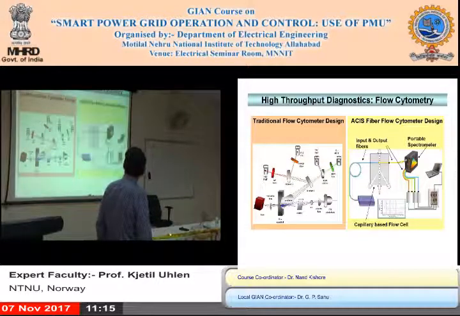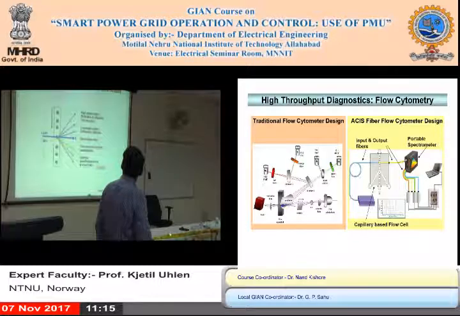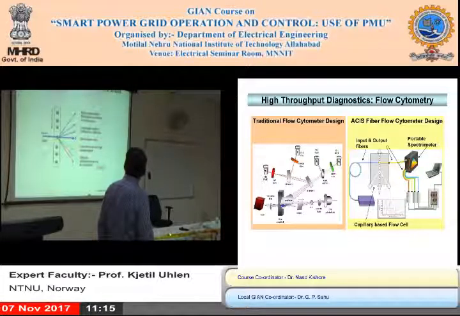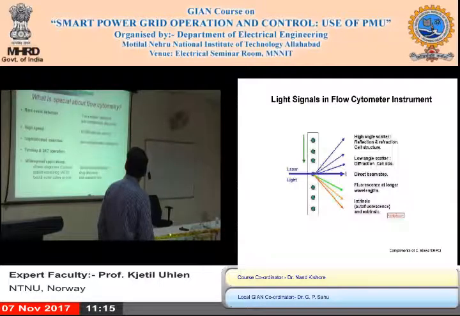This is our company's design that doesn't use these mirrors, but uses fibers to separate. So they are more portable, and as I said, you have the direct forward beam, side scattered light at a high angle or on the side, and then fluorescence. These are the parameters.